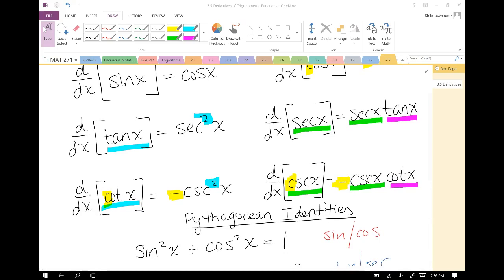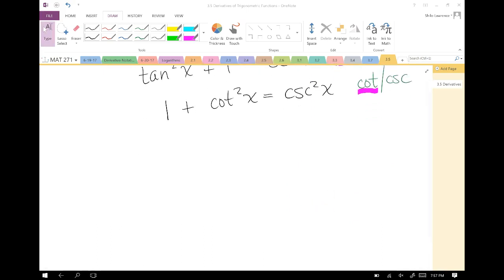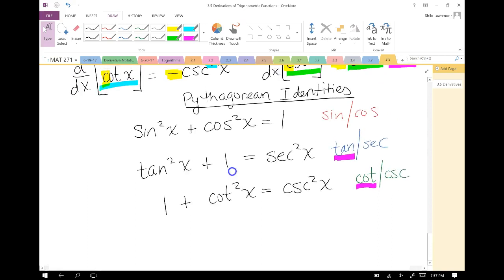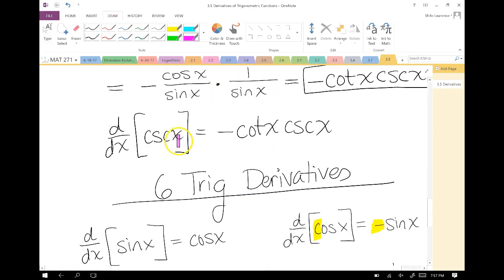So we're going to do a whole bunch of examples that might involve product rule, quotient rule, chain rule, but now they're also going to have trig functions in them. One thing that I want to mention before we start some of these problems is that in all of these examples that we've seen so far, the angle has always been x. Now we could replace it with a different letter.